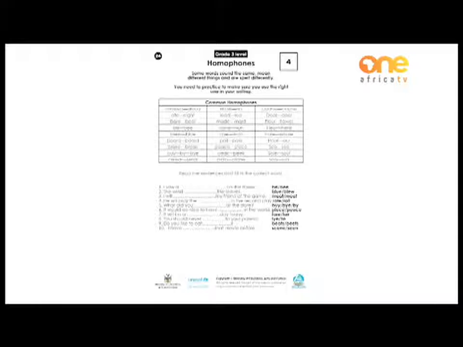Number 1, I saw a bee, is it going to be the first bee or the second be on the flower? Remember, they both sound the same, but the meanings are different. So you have to choose the correct word. Number 2, the wind blew the leaves.